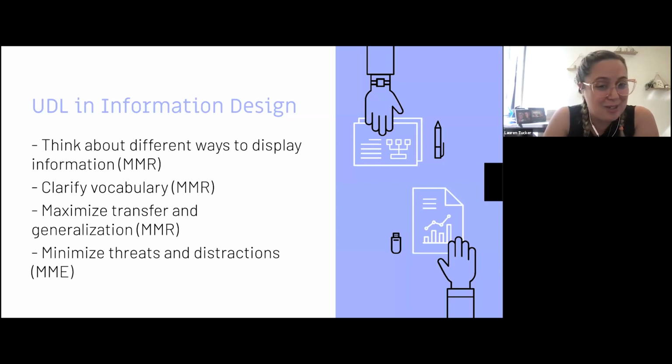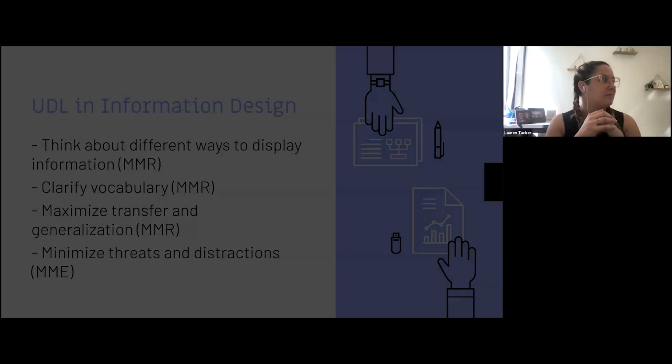Maximizing transfer and generalization of information. I think also this is something that can be a struggle across a college campus and thinking about what can we do? Can I access this support here? And then, like I said, minimizing threats and distractions. And so what I've really been passionate about is thinking about how we design information and design courses to meet some of these goals.